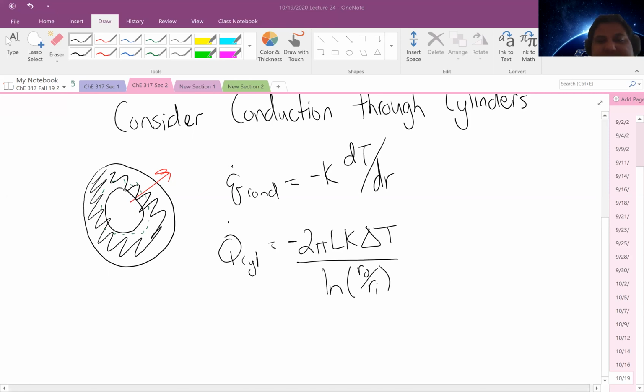And this adjustment is namely due to the fact that the surface area is going to be predominantly dependent on the variation in surface area in the radial direction.